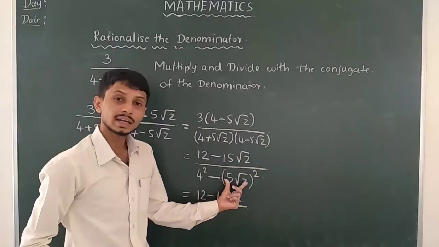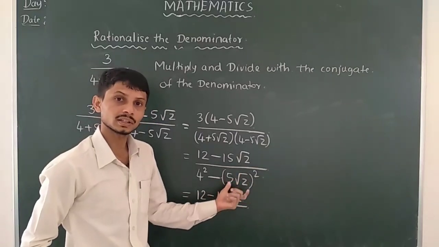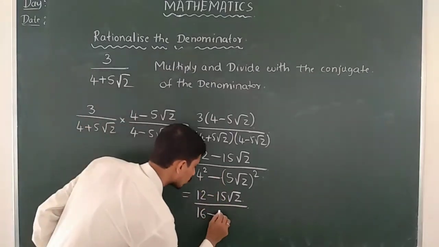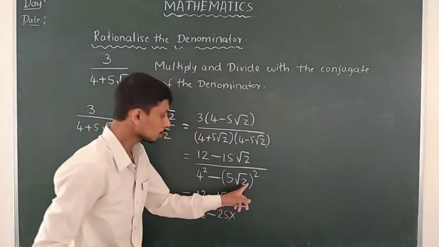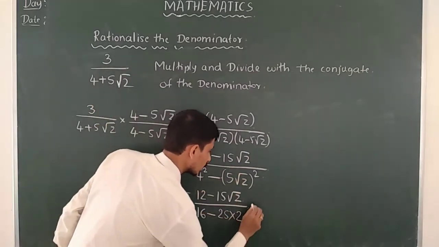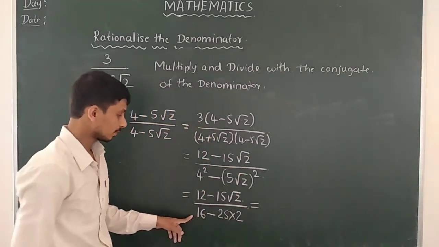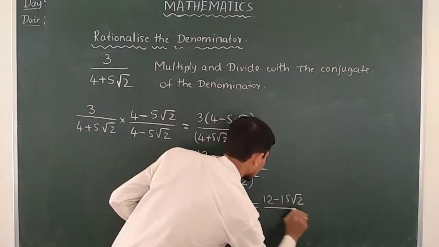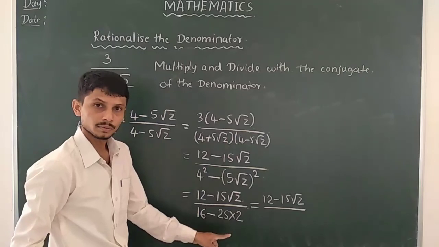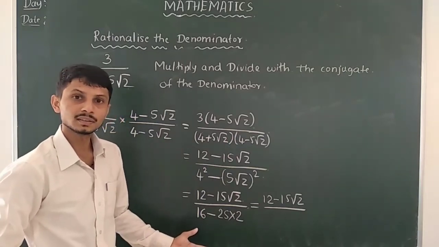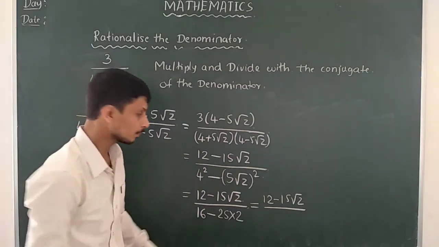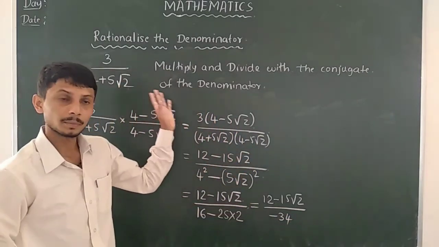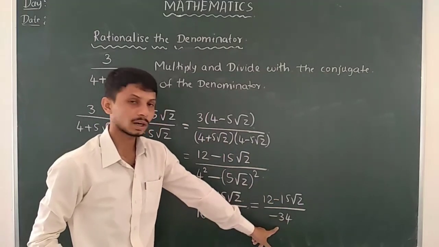So a into b whole raised to m is equal to a raised to m into b raised to m. That is 5 square into root 2 square. 5 square is 25, into root 2 square is 2. So let us simplify this one: 12 minus 15 root 2 divided by 16 minus 50. 16 minus 50 means minus 34. The answer of this is 12 minus 15 root 2 divided by minus 34.